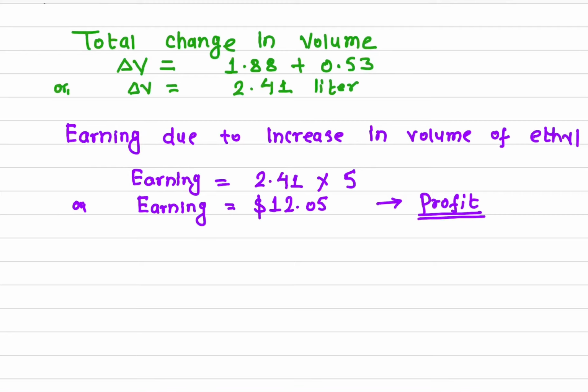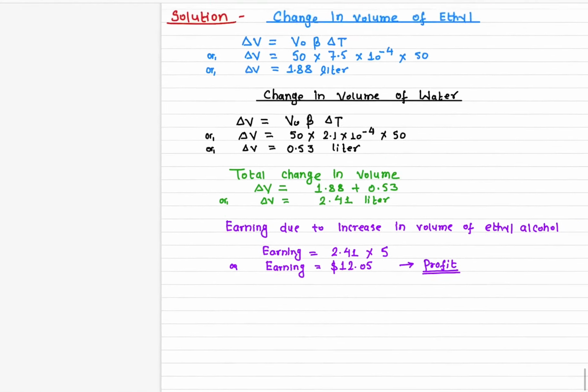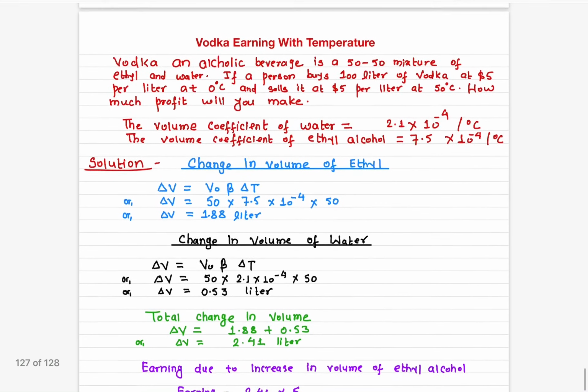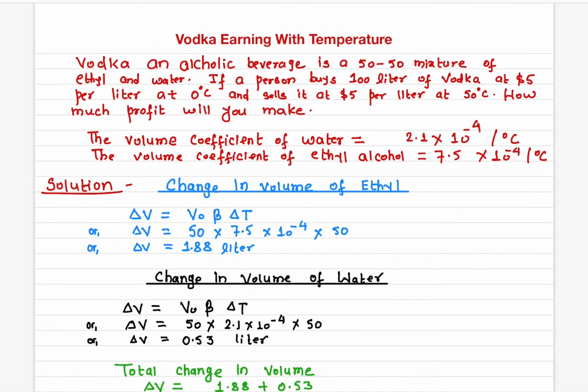So the company can fill the bottles with a slightly smaller amount, because they know if it is going to be sold, let's say in Africa where the temperature is high, then it can increase by a certain amount. So still they can make profit. Okay, so this is it for this interesting money making strategy.